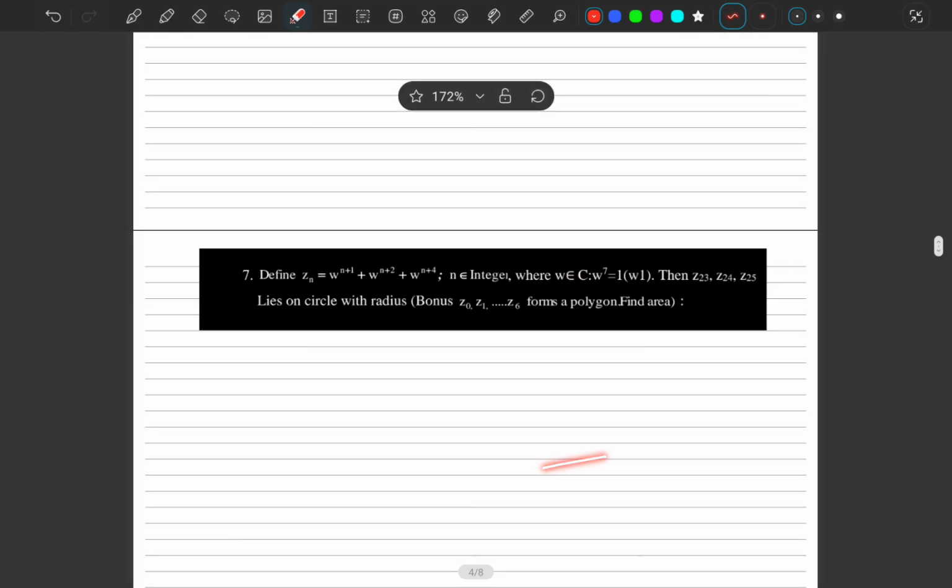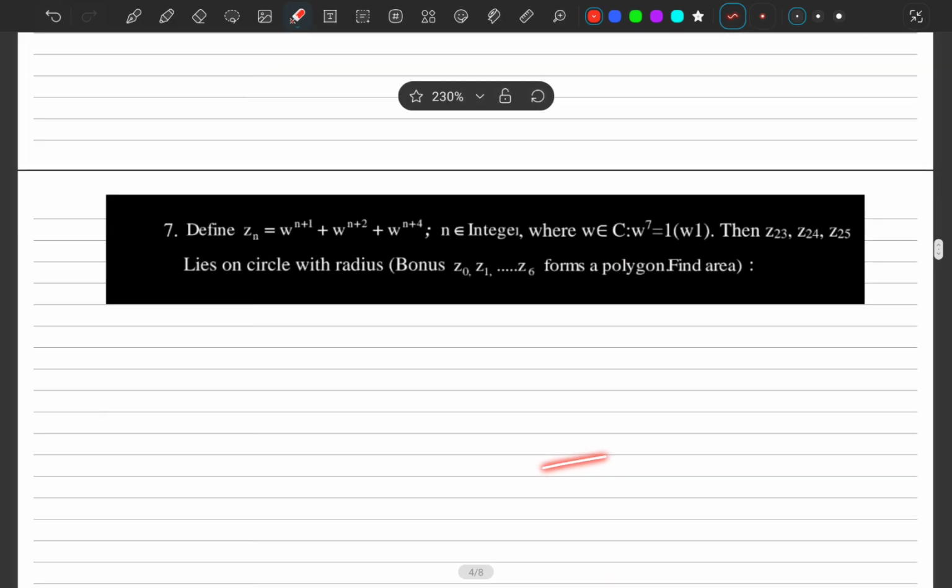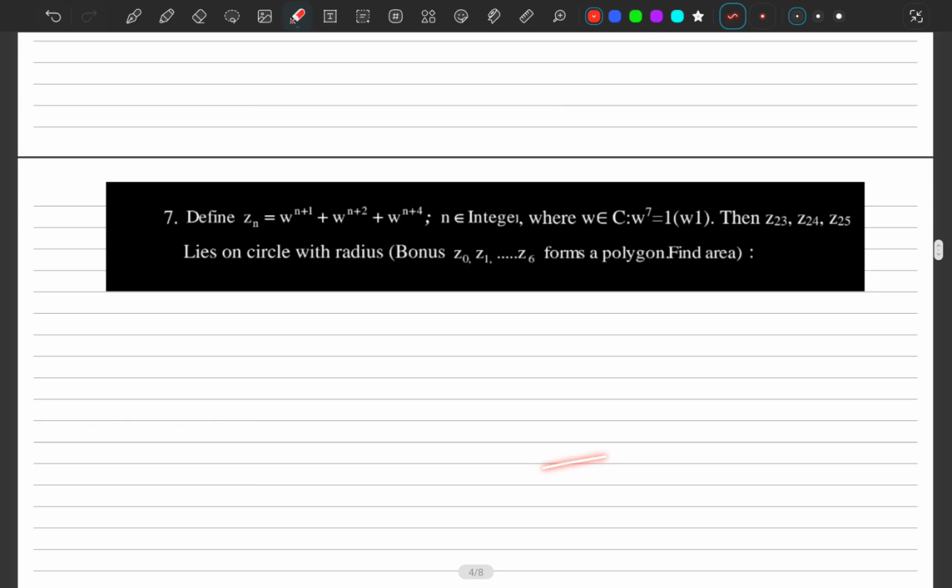Now look at this third problem. It is also, I would say, a good problem. Now here it is given z23, z24, z25 lie on a circle of radius root 2.